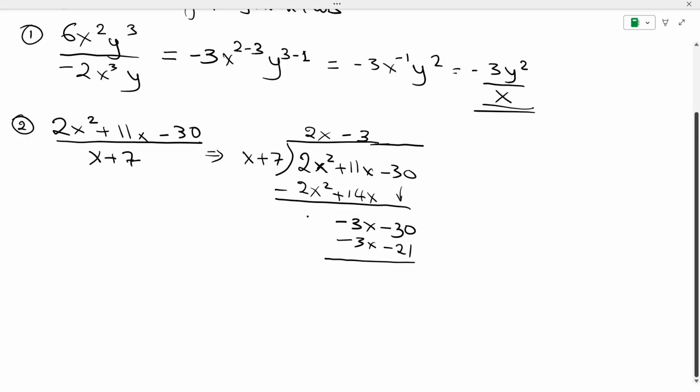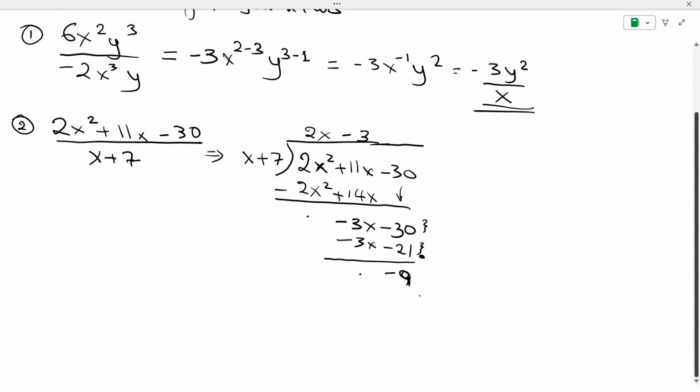We then subtract our newly found expression from what we have here. And minus 3x minus minus 3x will give us 0. Now minus 30 minus minus 21 will give us minus 9.